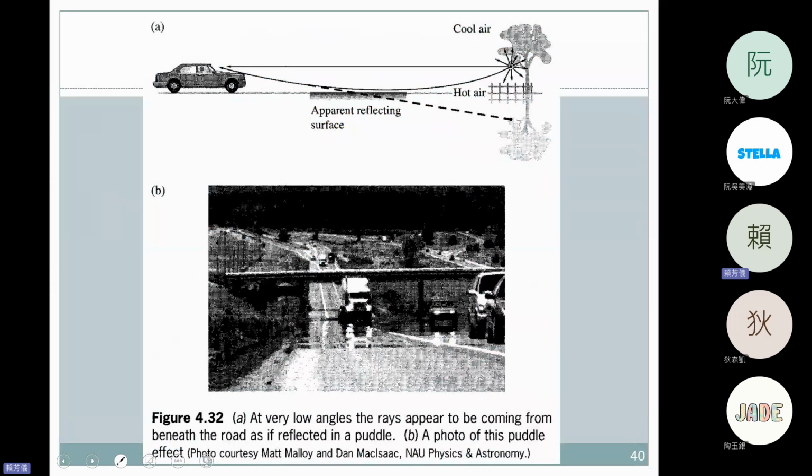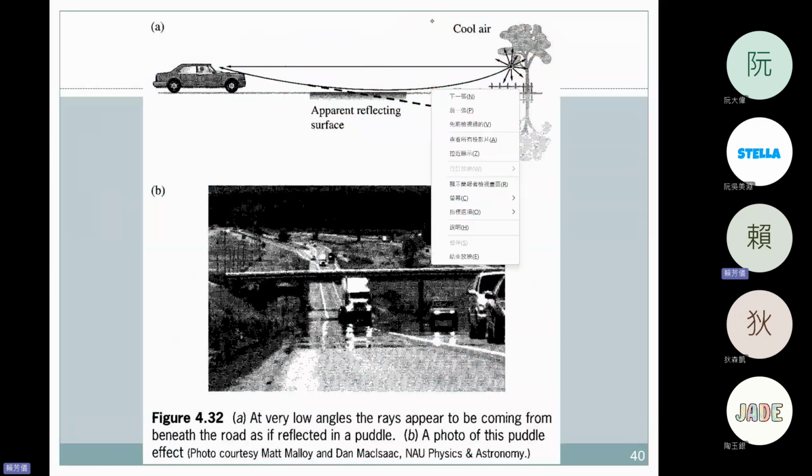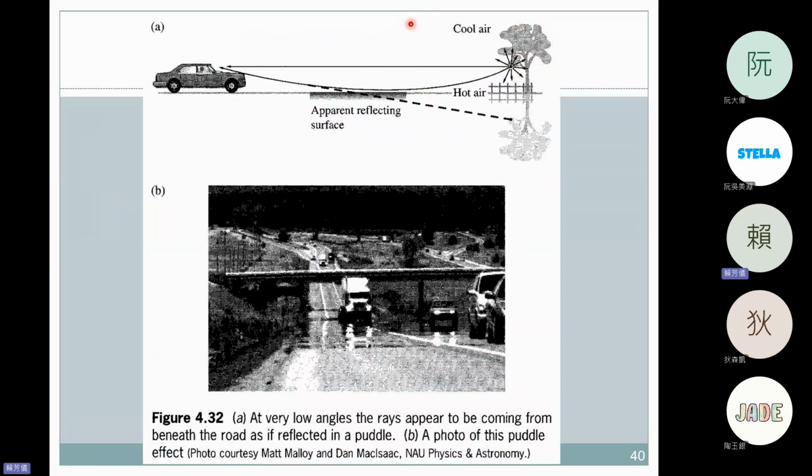This phenomenon can also explain why we see a pen or chopstick bending in the water. And this is a mirage where the tree is here. If the temperature of the upper atmosphere and the bottom is different, then it also changes the refractive index of the air.